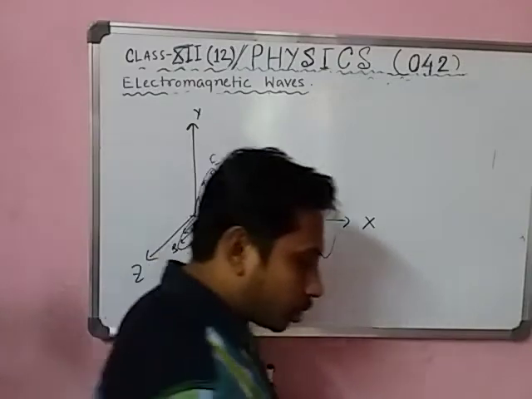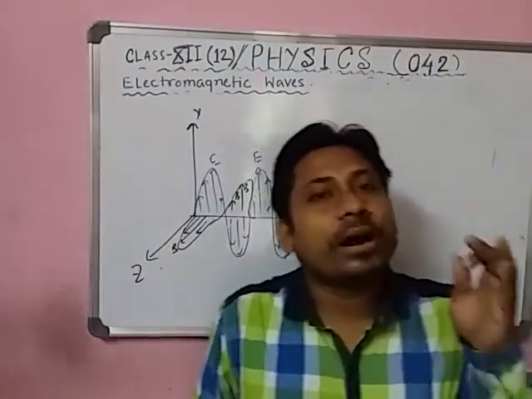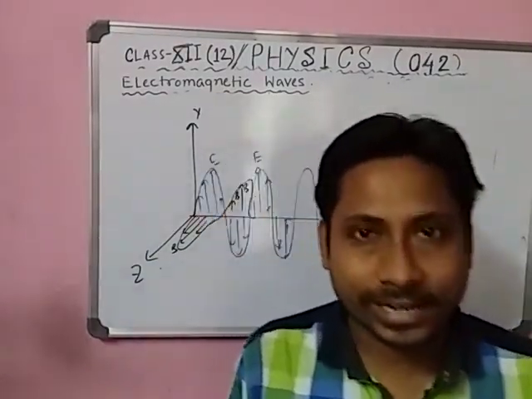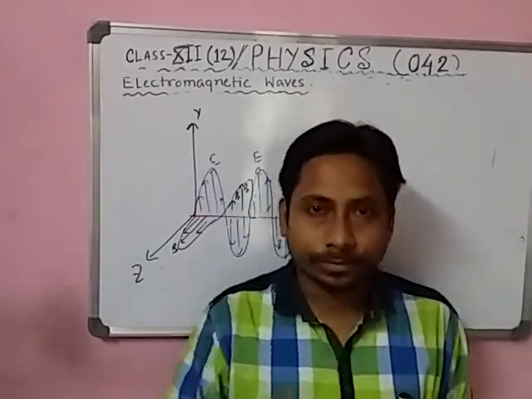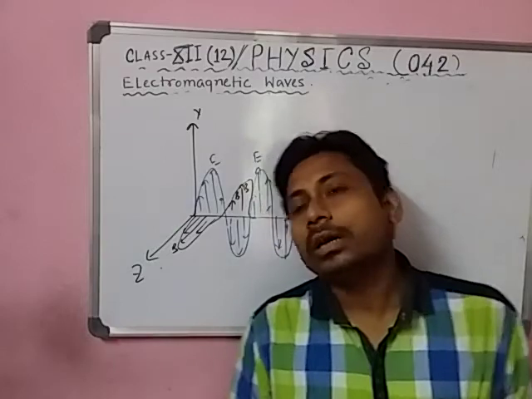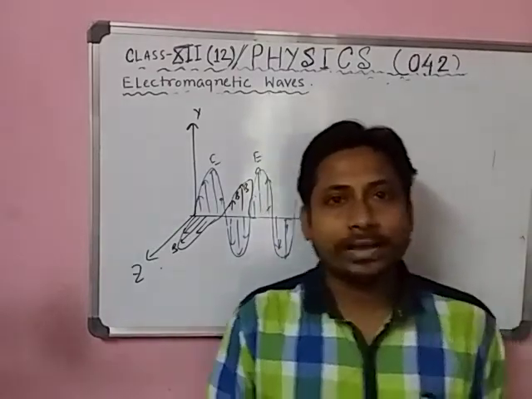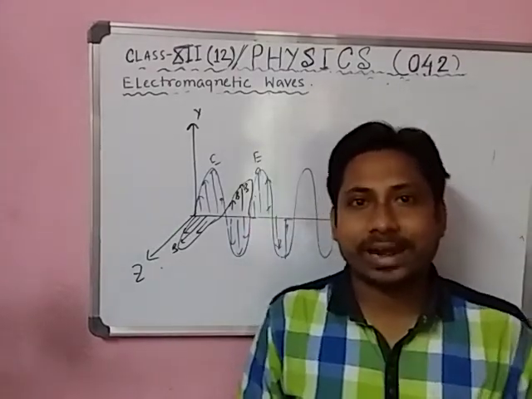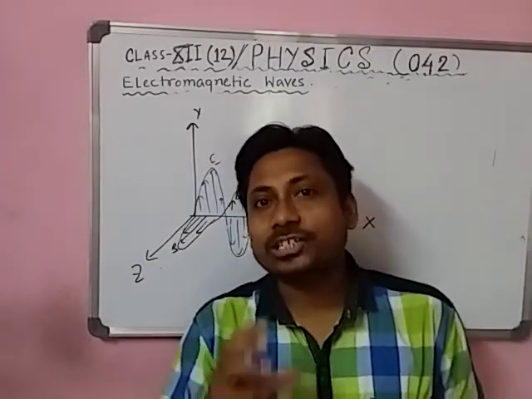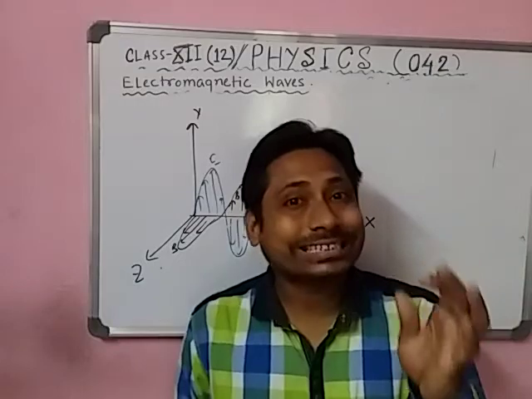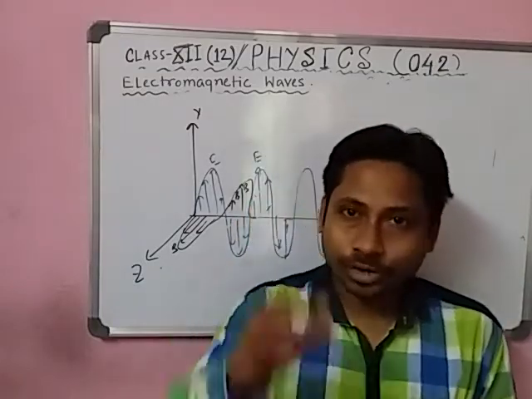Now students, take out your copy and write down the properties of electromagnetic waves. Number 1: EM waves can be produced by oscillating electric and magnetic fields. They are produced by an accelerating charged particle. Listen carefully.